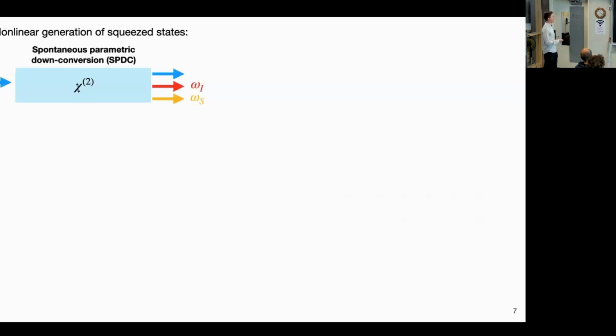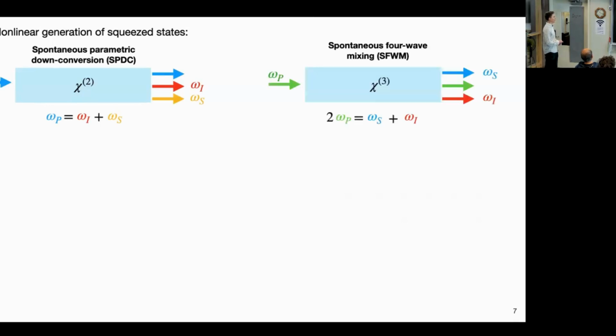Through the interaction, say spontaneous parametric down conversion, we generate a signal and idler field at lower frequency, and the energy is conserved. Alternatively, we can use the third order tensor, and this is a process called spontaneous four-wave mixing, where now the signal and idler fields that are generated are higher and lower in energy, but energy is still conserved, of course.